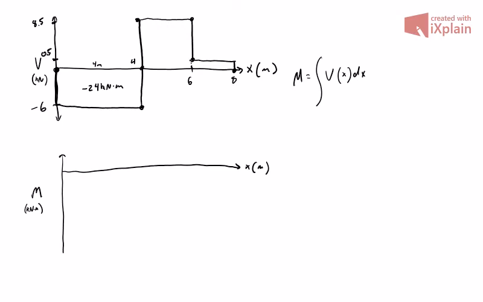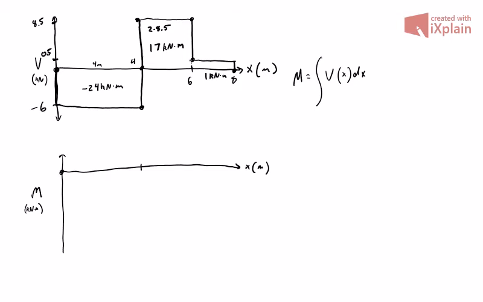The next one is 2 across by 8.5 tall. 2 times 8.5 gives us 17 kilonewton meters. And then our last one is 2 across, 0.5 tall, gives us 1 kilonewton meter. Okay, so we're going to start at 0, 0.